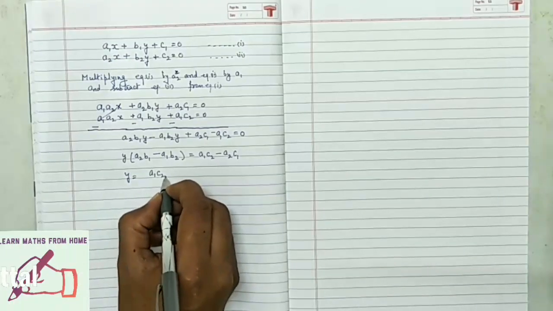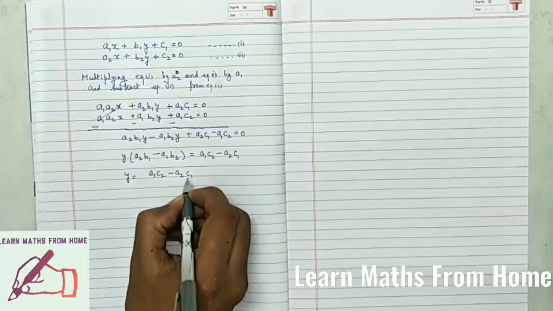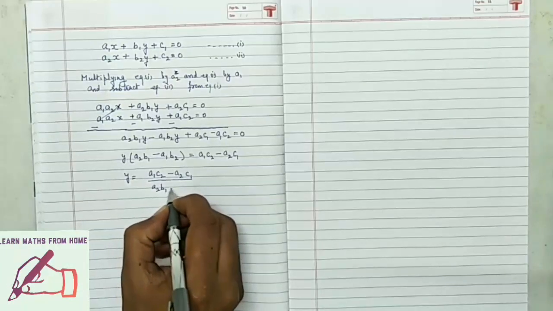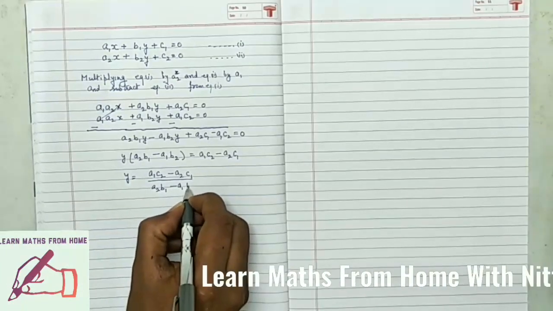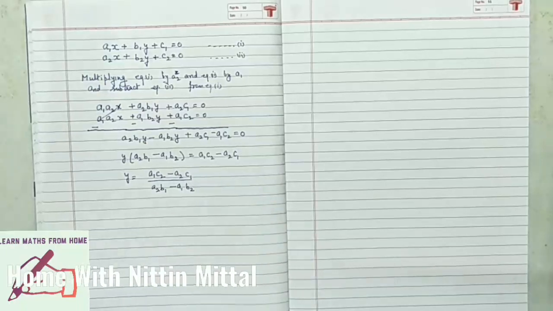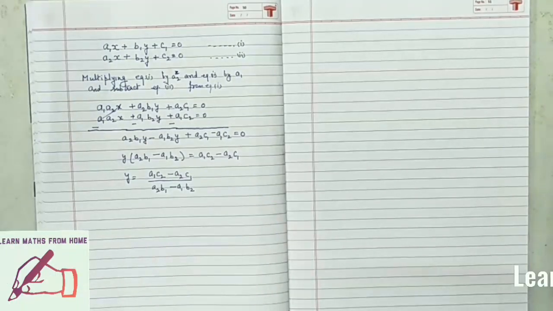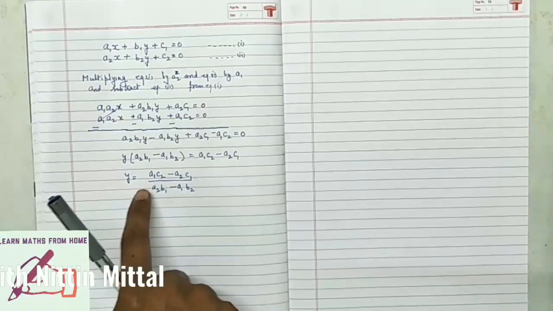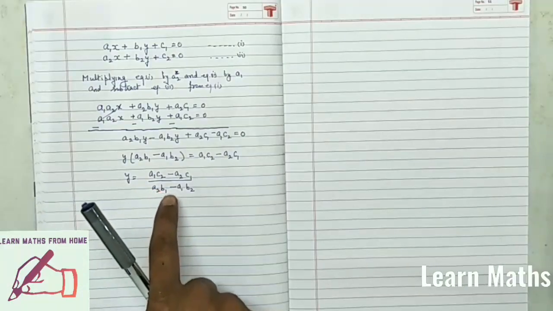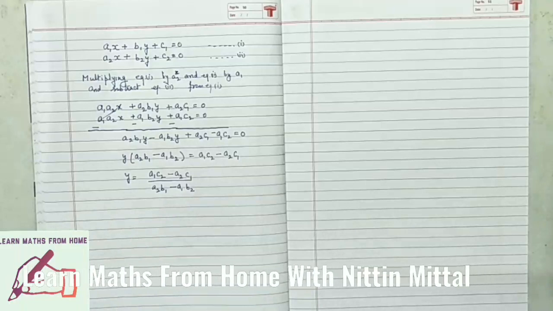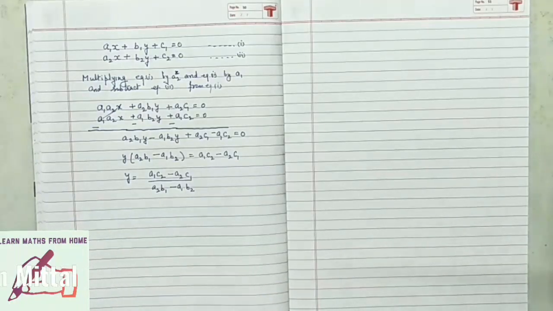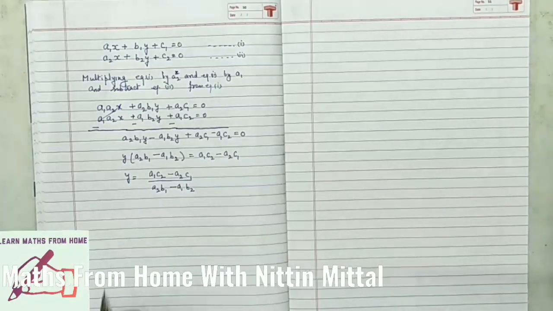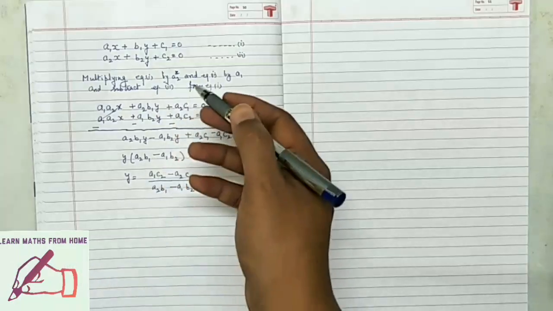So a1c2 minus a2c1 over a2b1 minus a1b2. So this is what we got here. Now we got the y value: a1c2 minus a2c1 over a2b1 minus a1b2.